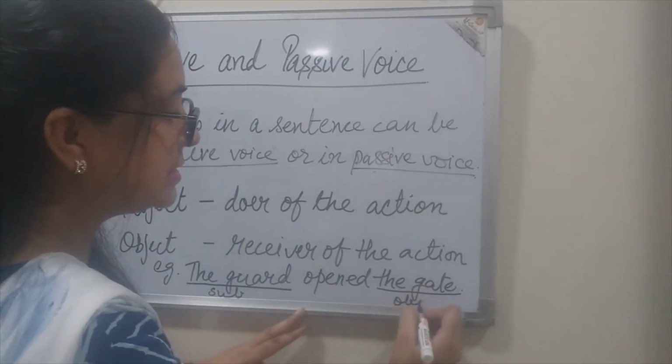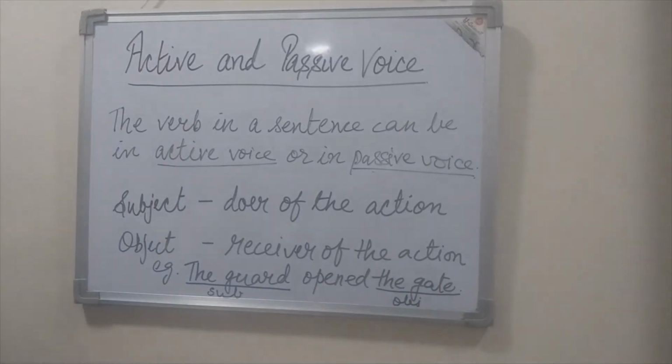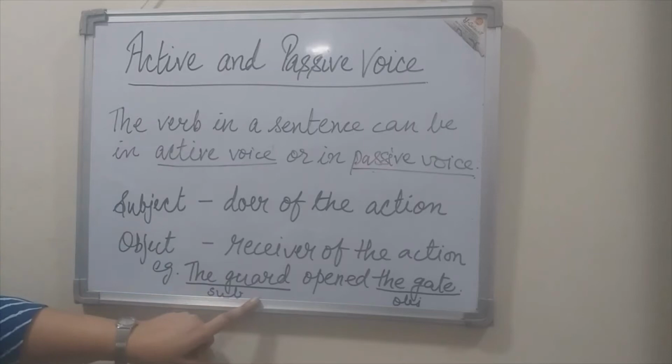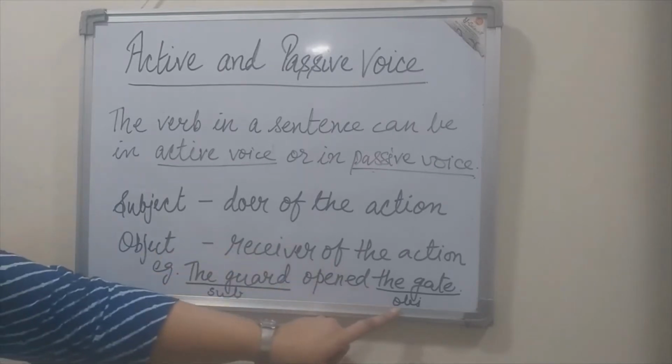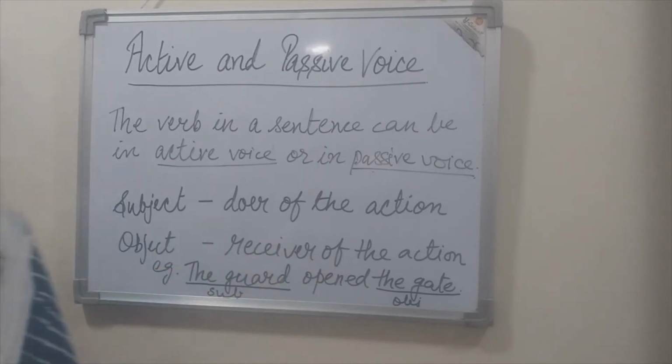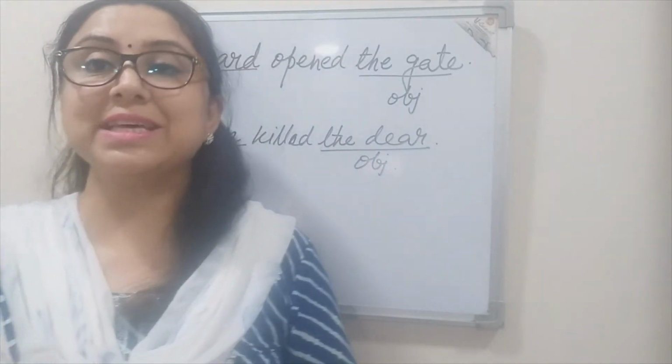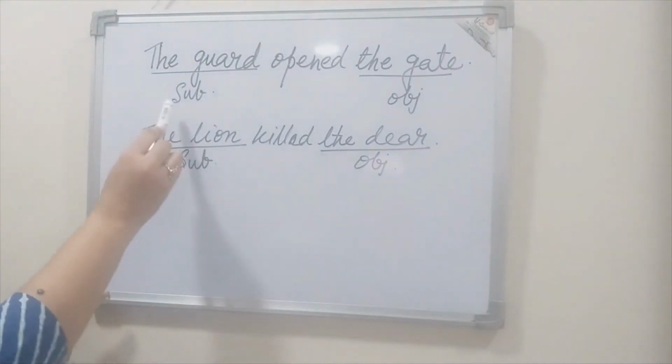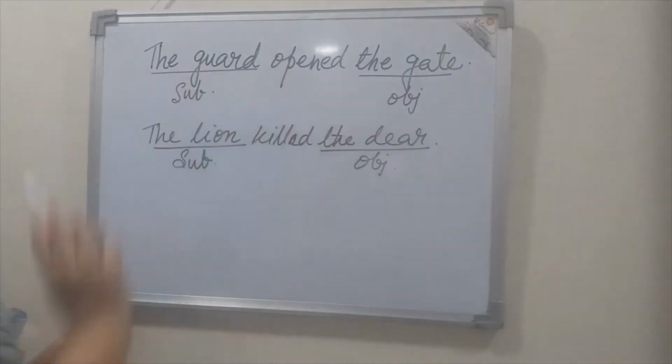So this is the object. I hope this much is clear to you. So subject, the performer of the sentence, and object, the receiver of the action. So I hope subject and object is now clear to everyone.